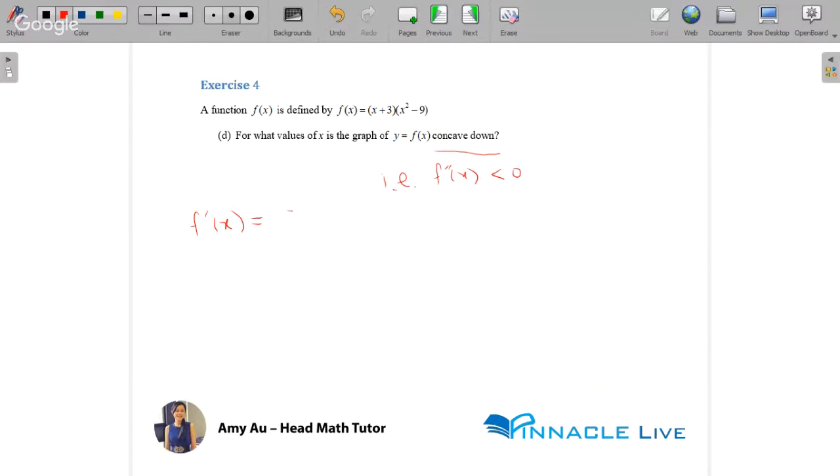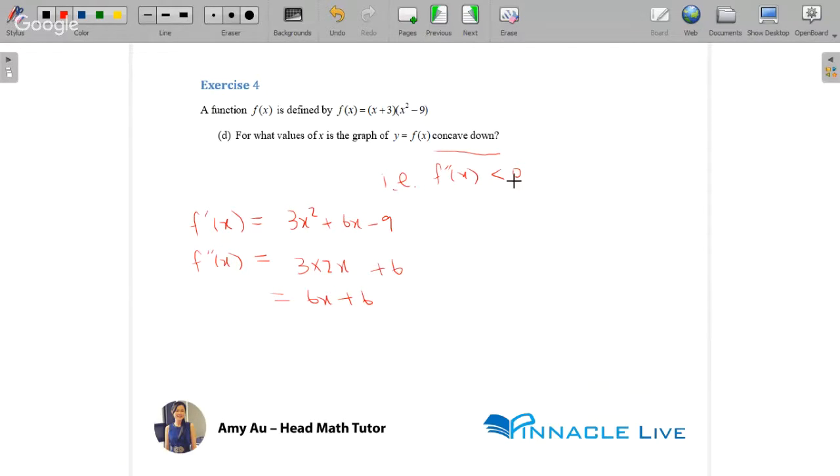It was 3x squared plus 6x minus 9. So if you differentiate that again, that will be 3 times 2x plus 6, 6x plus 6. So you can see that's the second derivative.